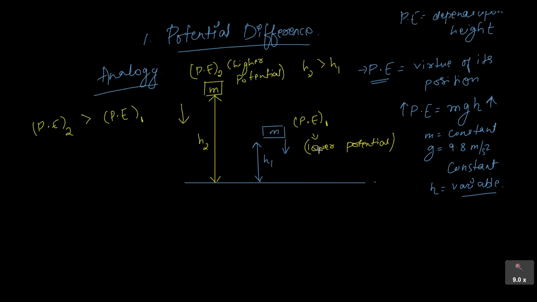But what you have to pay attention to is that this mass out here is never going to go there without any external support, but that mass can always come to this position.